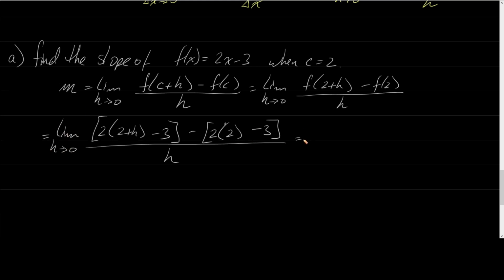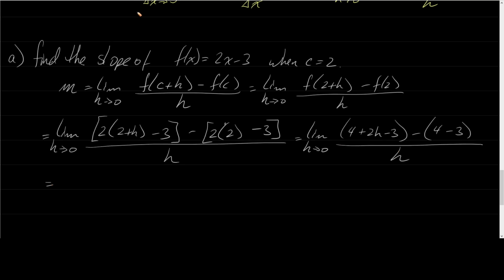All right. So that gives me now the limit as h goes to 0 of, if I distribute the top and get rid of all these parentheses, in here, 2 times 2 is 4, 2 times h is 2h, and then we have that minus 3, minus 2 times 2 is 4, and then that minus 3, all of this over h. Now, let's see what cancels out here. I have a 4 minus 4.